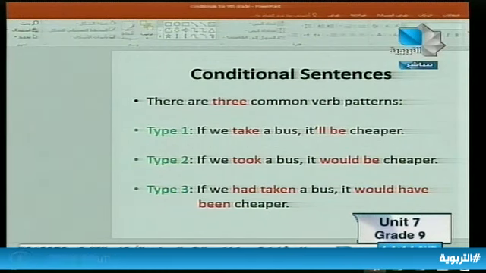Always remember that everything we say in any language is a message from the speaker to the listener. So what's the message in the first part? For example, when we use the present simple with if, and in the second part we use will, we all know that will has the meaning of the future. So we'll talk about that later. Type 1: if plus present simple, and in the second part you have will plus the base form.